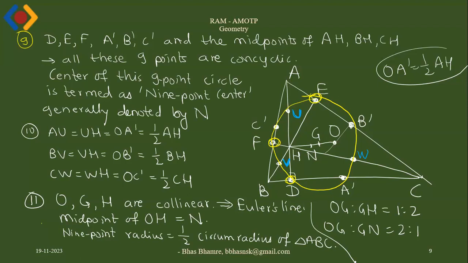As A prime, B prime, C prime is half of ABC proportionately, the circumradius also goes proportionately. So the 9-point radius is half of that.